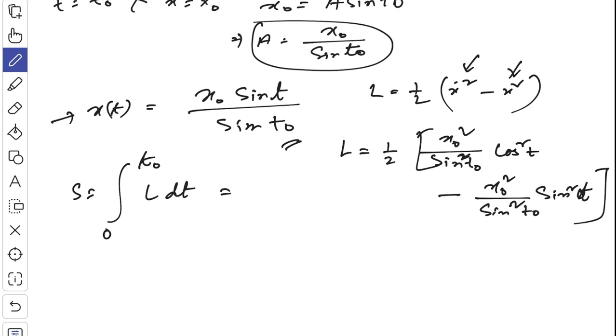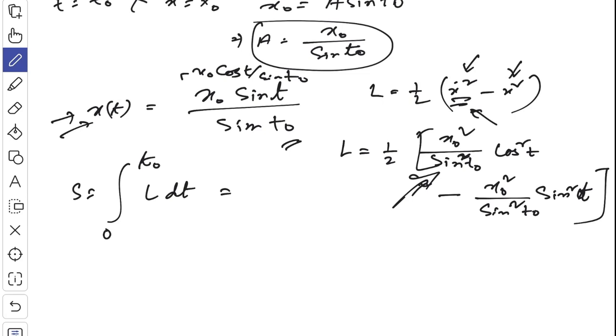Okay. Because if you differentiate x with respect to time, you will get x naught cos t by sine t naught. After squaring, the negative becomes positive, because here we have x dot square, as you can see.